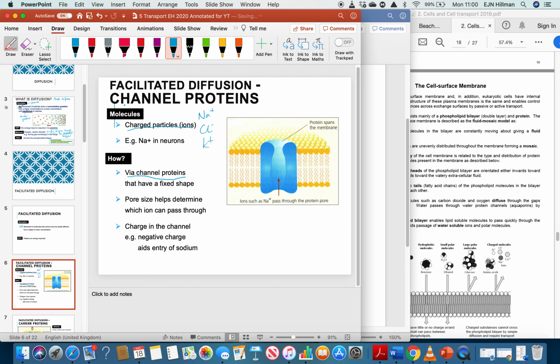So the difference between simple diffusion and facilitated diffusion is the necessity for a channel protein or a carrier protein. We'll have a look at carrier proteins in a minute.